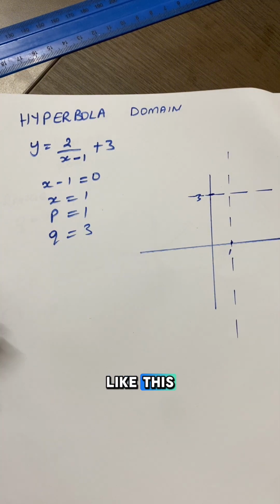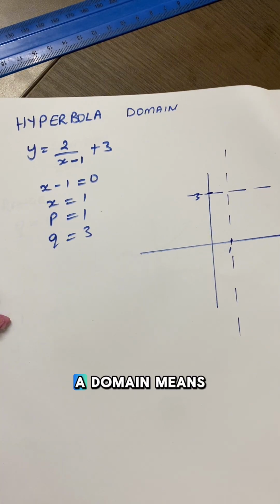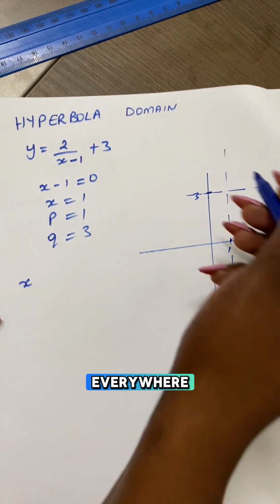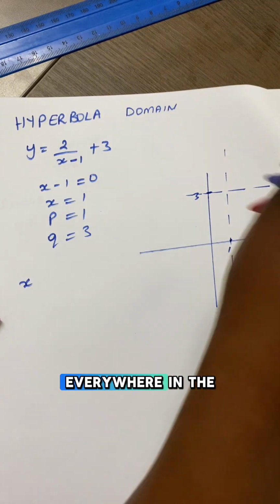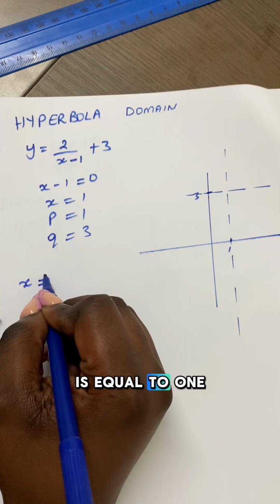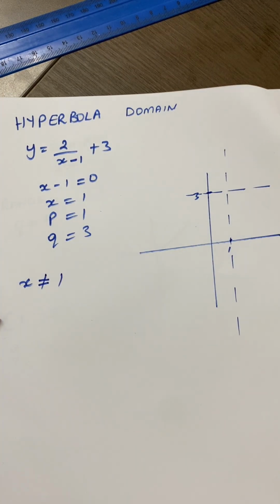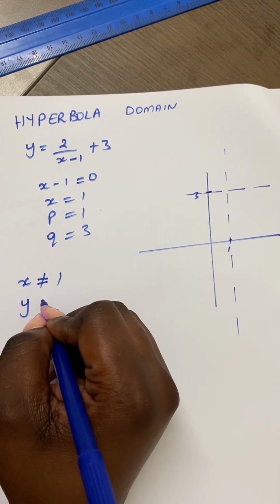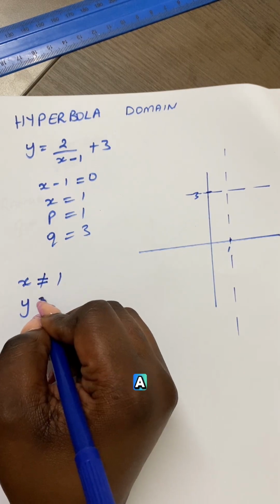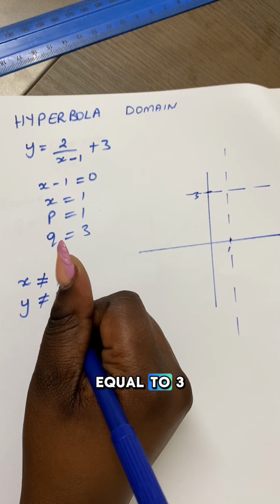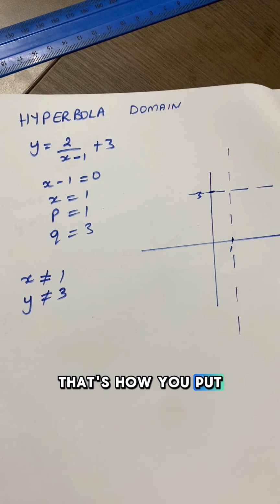A domain means that the graph can exist everywhere in the Cartesian plane, but not where x is equal to 1. And for a range, the graph exists everywhere in the Cartesian plane, but not where y is equal to 3. That's how you put it.